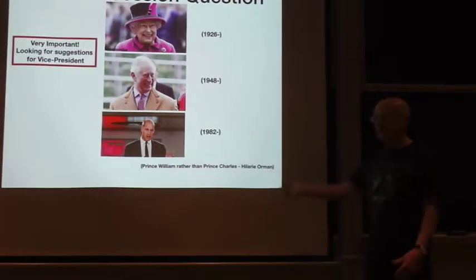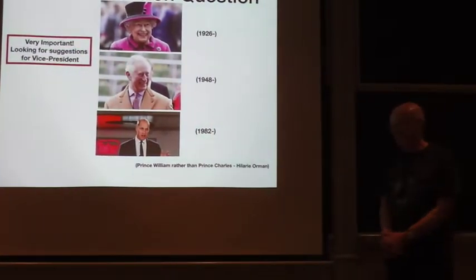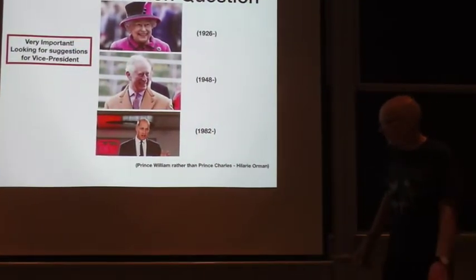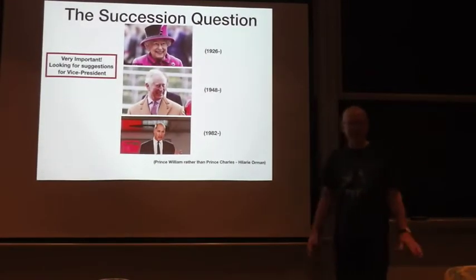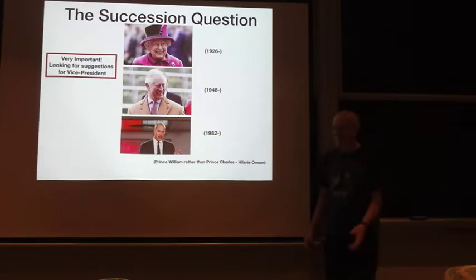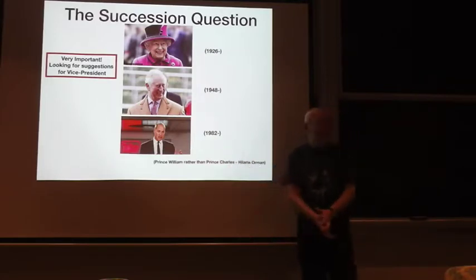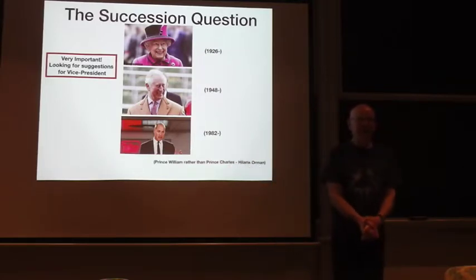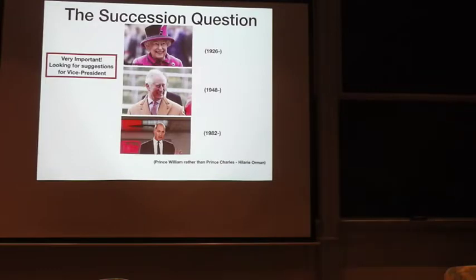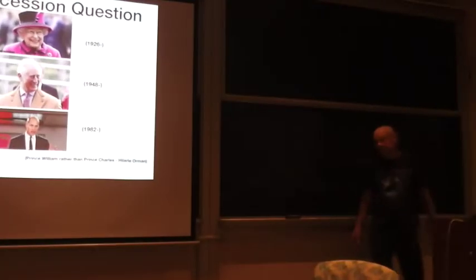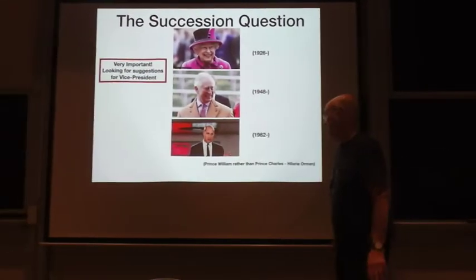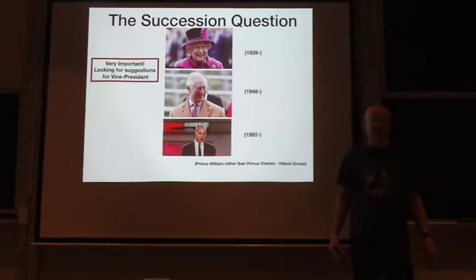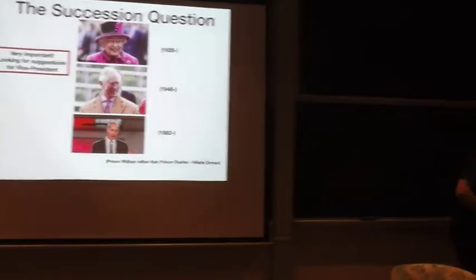Well, Hilary Orman, who's one of our supporters, says, get a young person, get Prince William instead of Prince Charles. But I really am seriously worried about this question. I don't have anyone. It has to be somebody who's very familiar with the OEIS and has a good command of English and computers and mathematics and all those things.